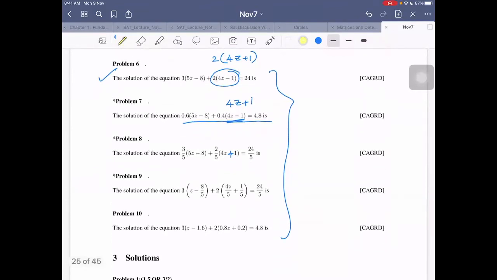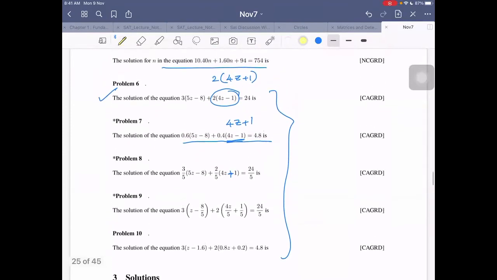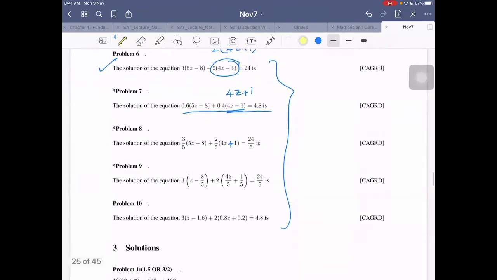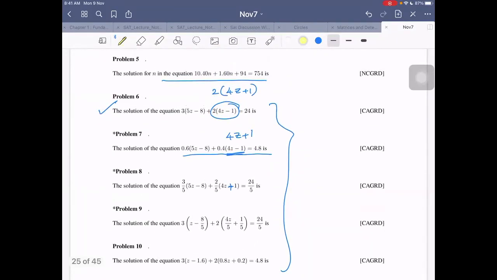Yes, again, let's go to question number 8. There was a small correction in the question. Instead of minus, make it plus. Again, do you realize that it's the same as question number 6 and 7?